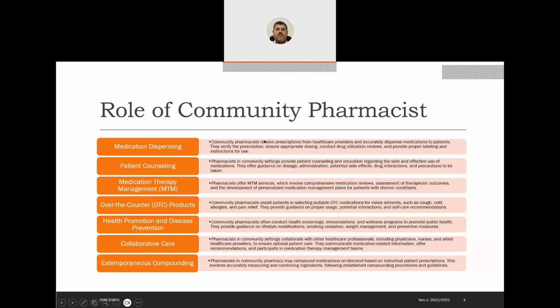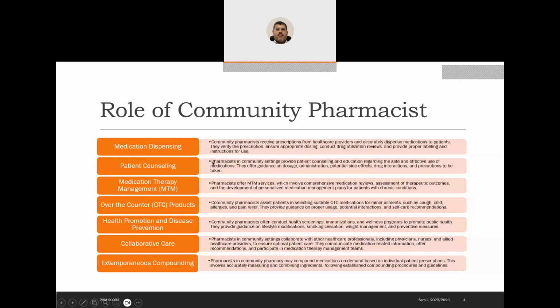So medication dispensing, they receive prescriptions from healthcare providers, from doctors, and dispense the medications to the patients according to the directions by the physician. They, of course, have to review the prescription, ensure that they don't have any drug-related problems. And in case there is any drug-related problem, they have to contact the physician.